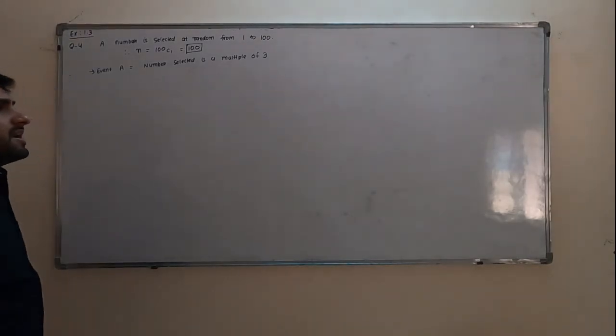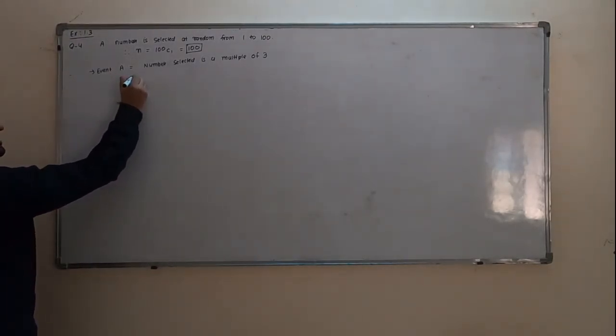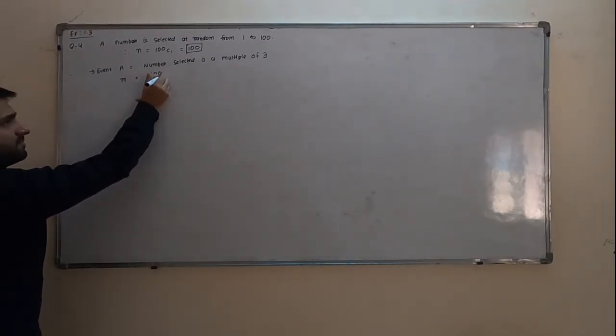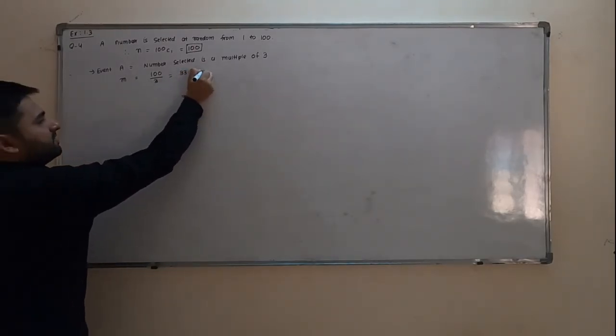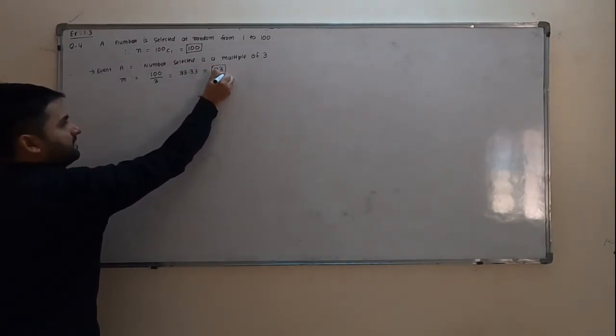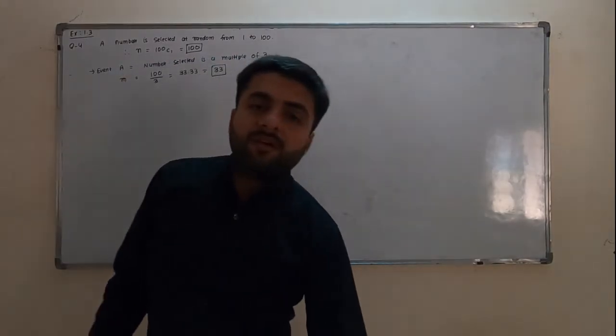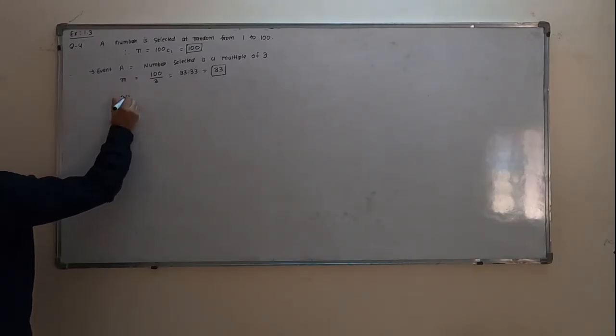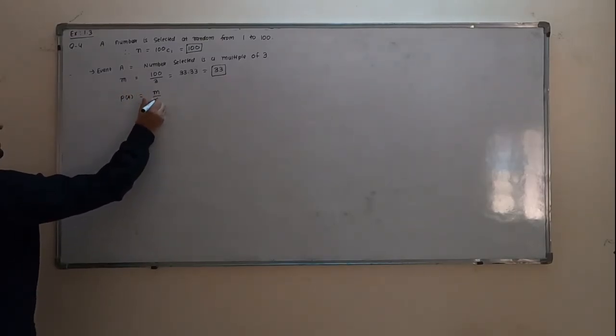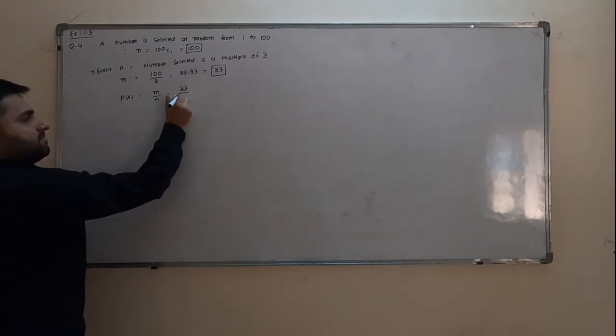Multiple of 3 means you divide by 3 only. Multiple of 3 and divisible by 3 is the same thing. So m is equals to total numbers 100 divided by 3, so it will be 33.33, and you take only the value before the decimal. Take the value before the decimal only. So P of A, m by n, 33 by 100.